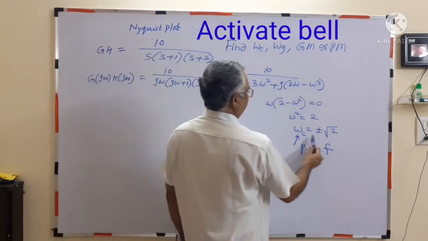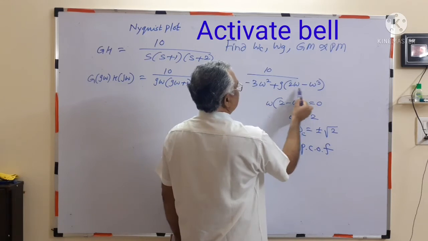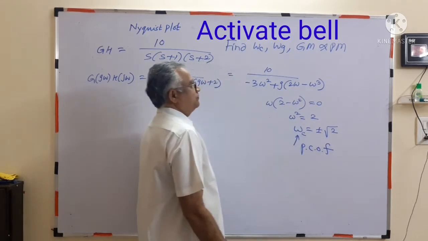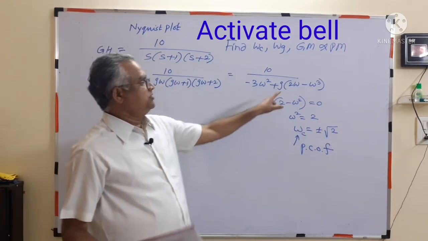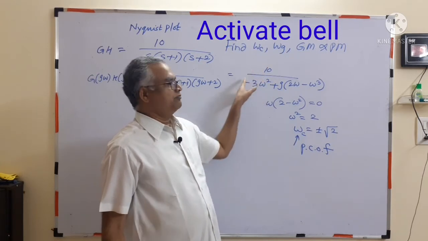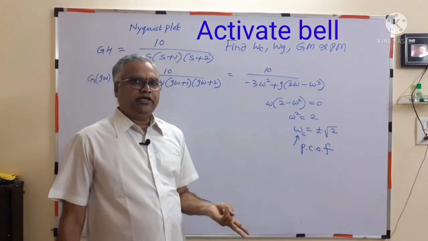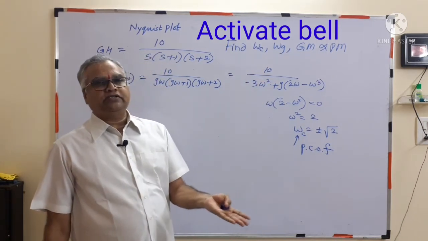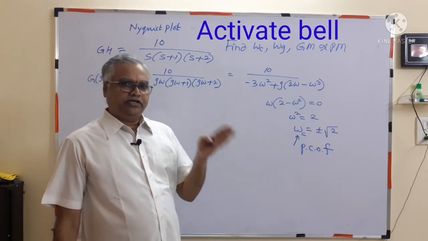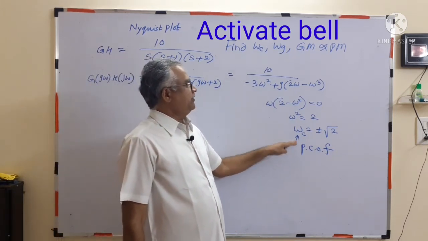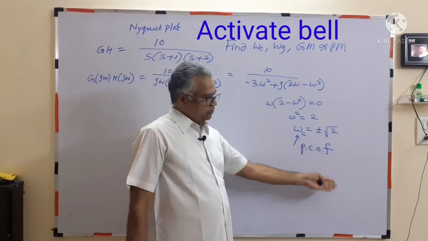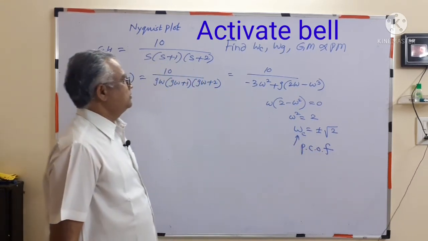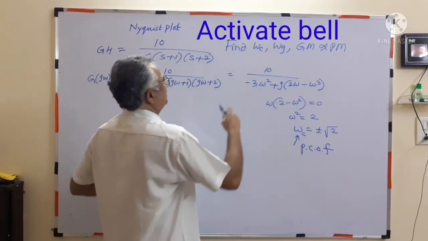It is the frequency at which imaginary part is 0. When imaginary is 0, this will give angle of plus or minus 180. It is the frequency at which angle is plus or minus 180 is true. It is the frequency at which imaginary part 0 is also true. So omega c done.